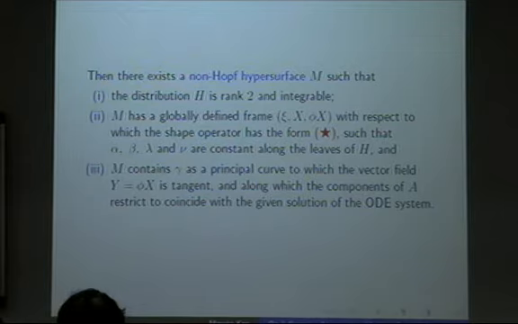Then there exists a non-Hopf hypersurface M such that the distribution H is rank 2 and integrable.